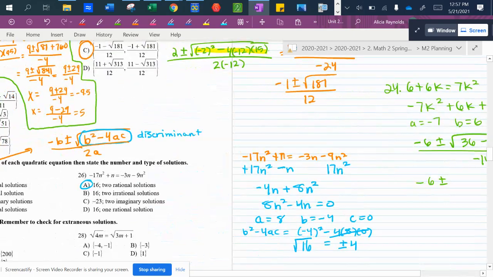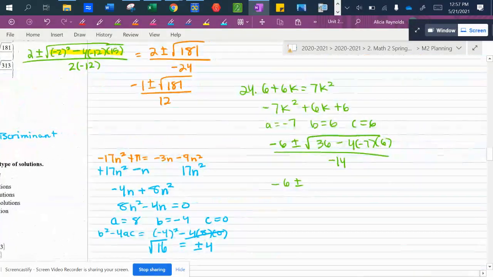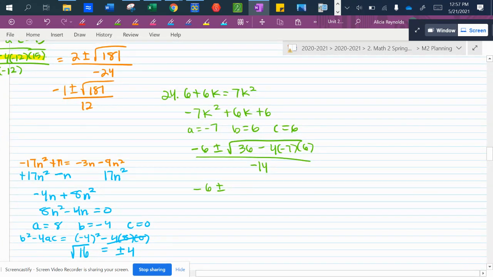So this one is going to be a simplified square root. So I do not want to put this whole thing in the calculator. So I want to do 36 minus 4 times negative 7 times 6 to get 204.